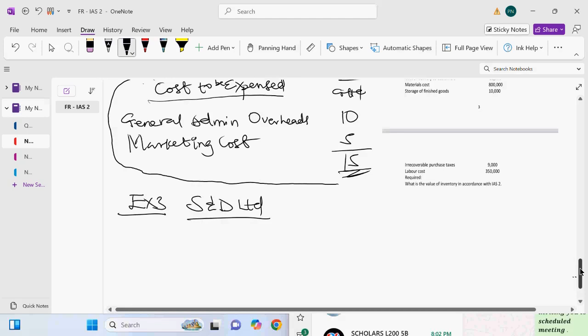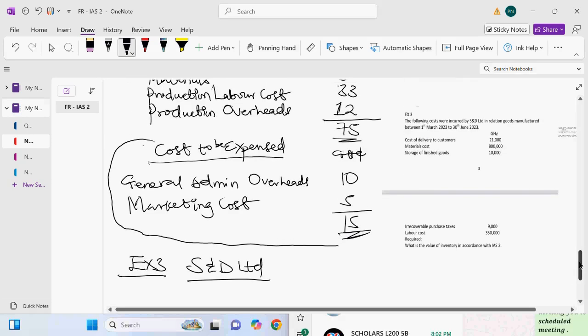All right. So they're asking for the value of the inventory. Let's go through it like we did for the first one. Cost of delivery to the customers, and then material cost. So let's find the value.